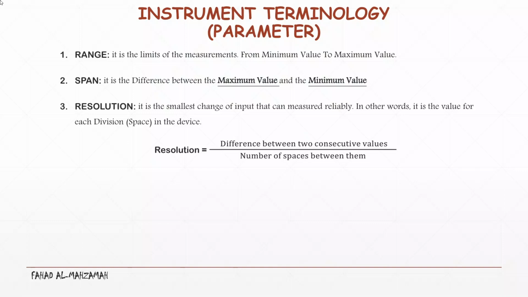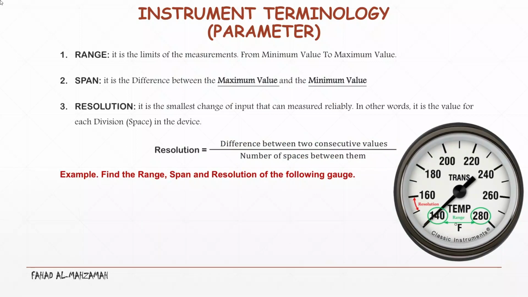Now, how to calculate the resolution? Using this formula, it is the difference between two consecutive values, divided by the number of spaces between them. Let's take an example of this device.